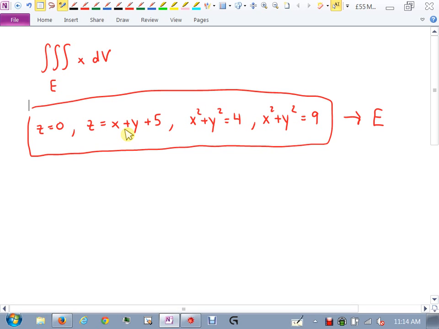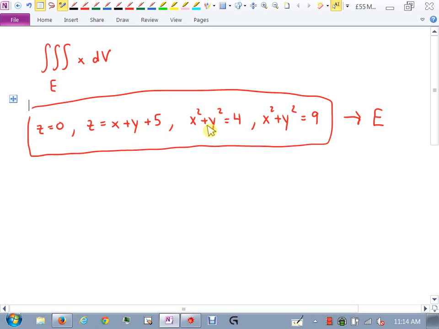And then I have these cylinders. These cylinders are running parallel to which axis? The z-axis, so they're vertical. The first one has a radius of 2. The second one has a radius of 3. So it's the region bounded by all of those. Do you see it or not?